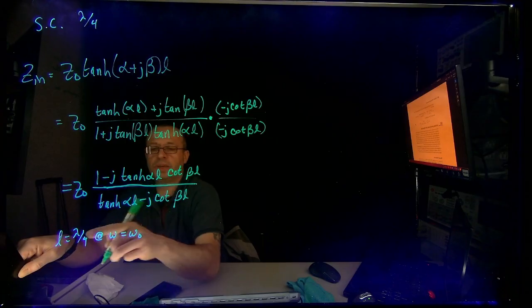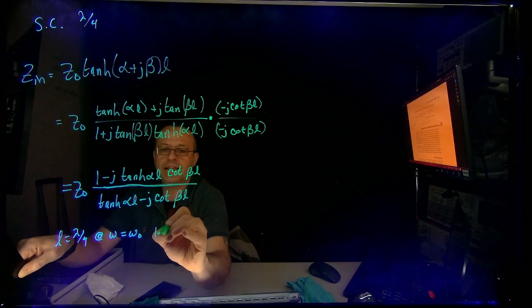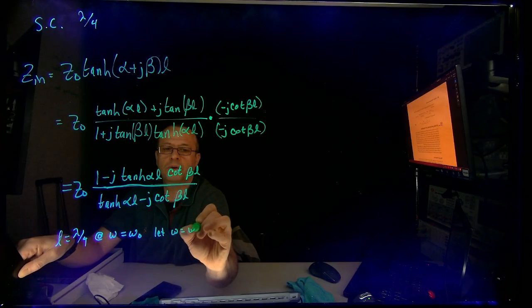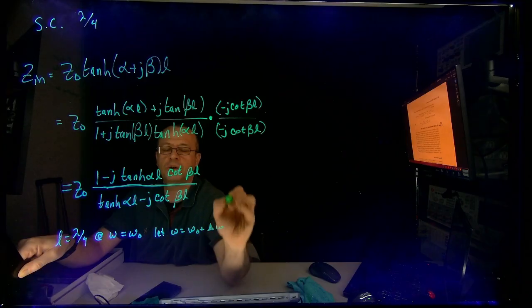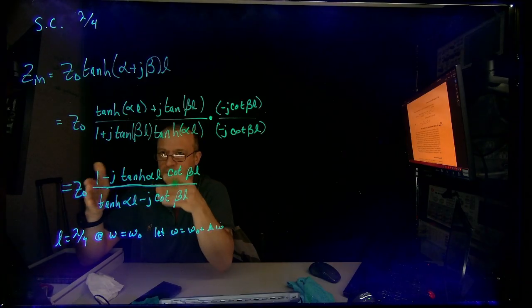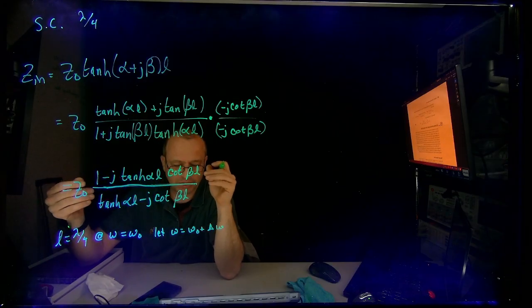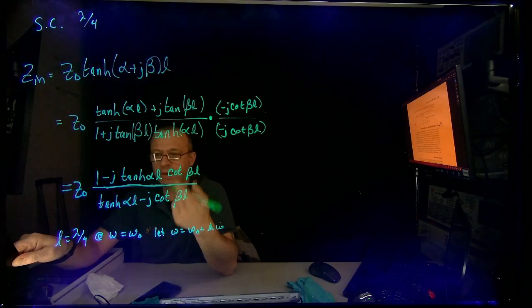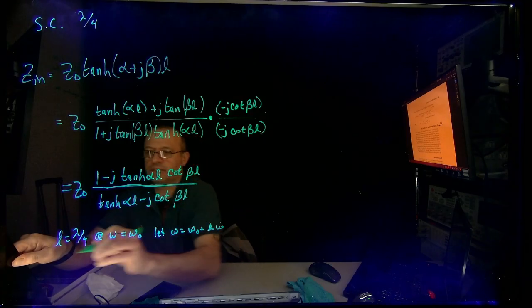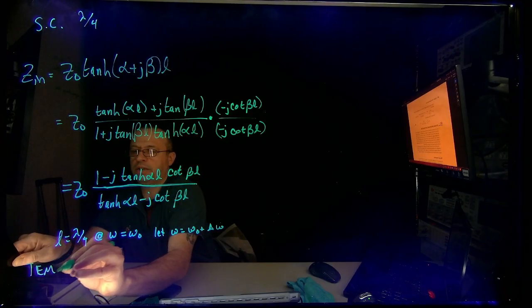Now, because of this, we're going to let omega equal omega naught plus some delta omega. So we're going to, again, do the same thing. We're going to see what happens off of omega naught, the resonance frequency. And this is a TEM line.